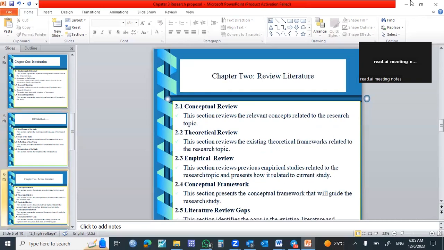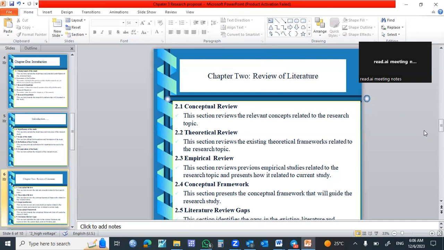Next, we'll have a review of literature, or literature review. In this part, we'll have a conceptual review for our research. The conceptual review focuses on defining the concepts that relate to our research topic. Also, next, we'll consider the theoretical review.